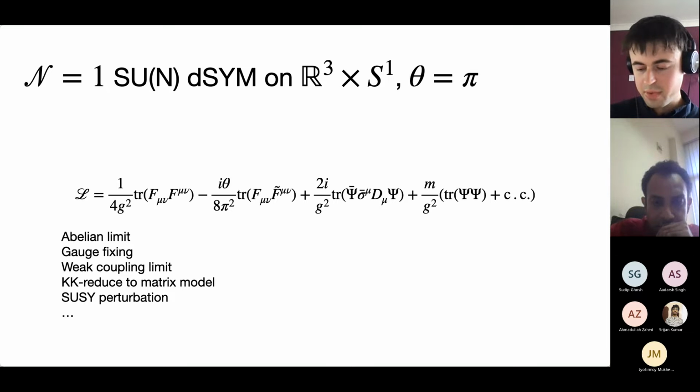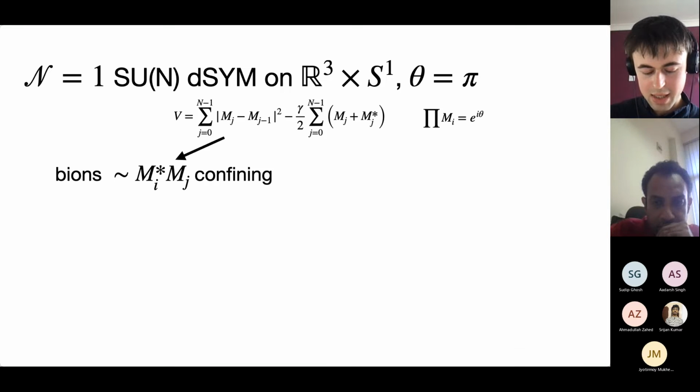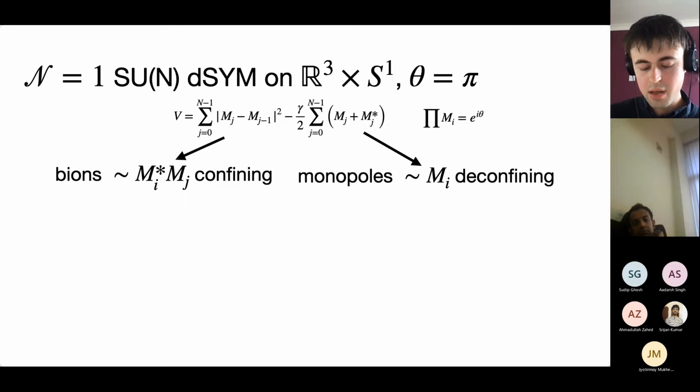We can do lots of manipulations on this action to make it simpler. The physics is that it reduces to this matrix model. There's a term here which comes from combining two of these monopole operators M, and these create a bound state called bions, which encourage confinement.